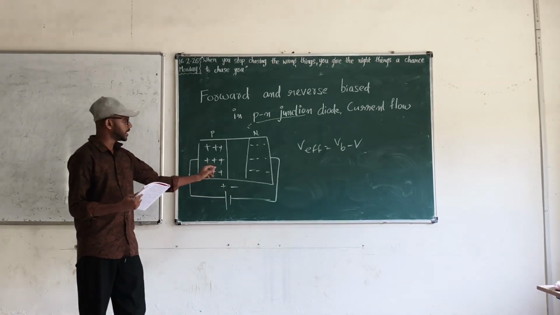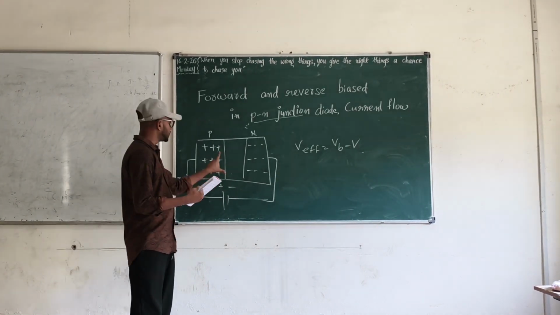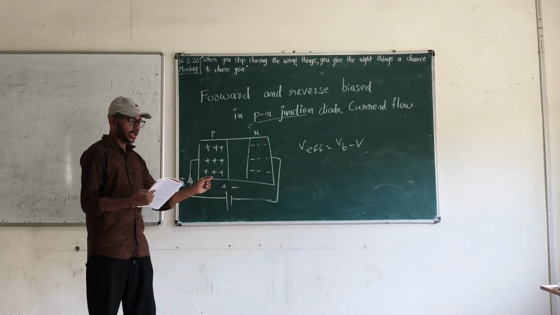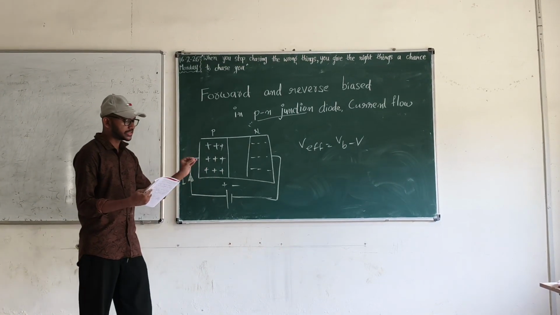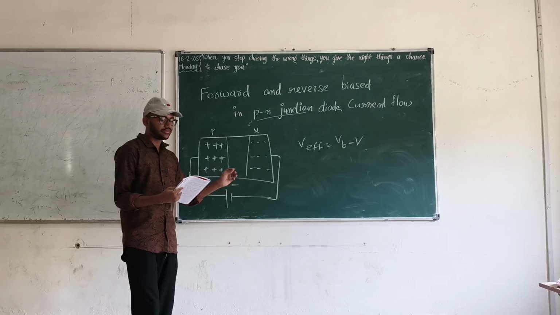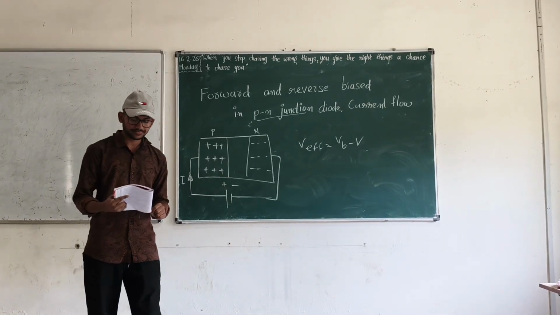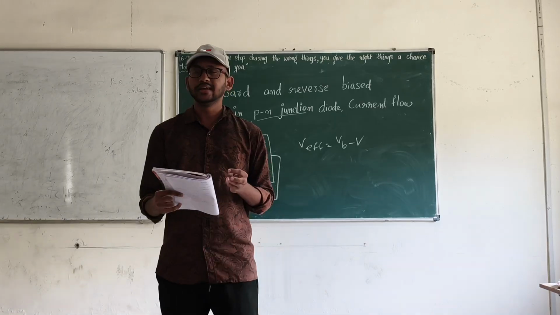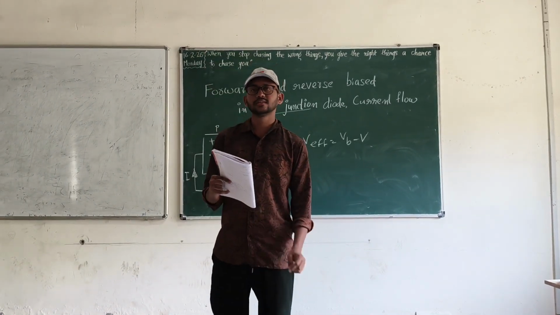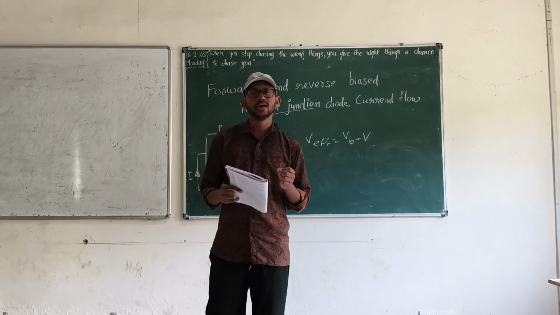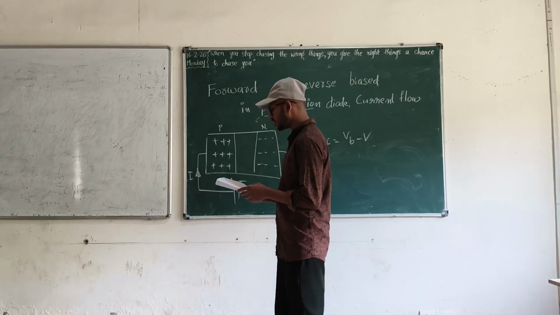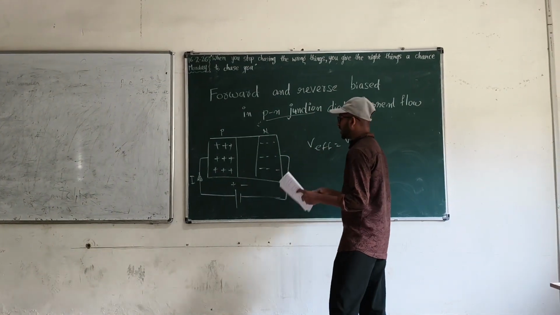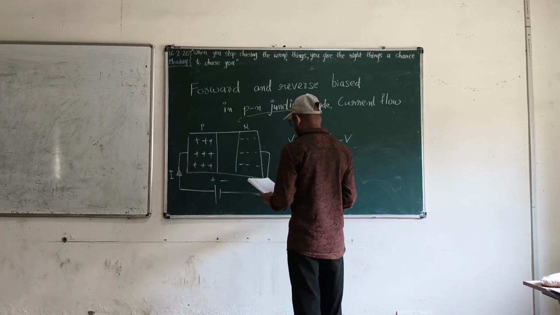These charge carriers recombine near this junction and a large current flows due to these majority charge carriers, and this current is called forward current. The cut-in voltage for silicon diode is 0.7 volt, and for germanium it is around 0.3 volt. Once this cut-in voltage is exceeded, the diode conducts heavily.